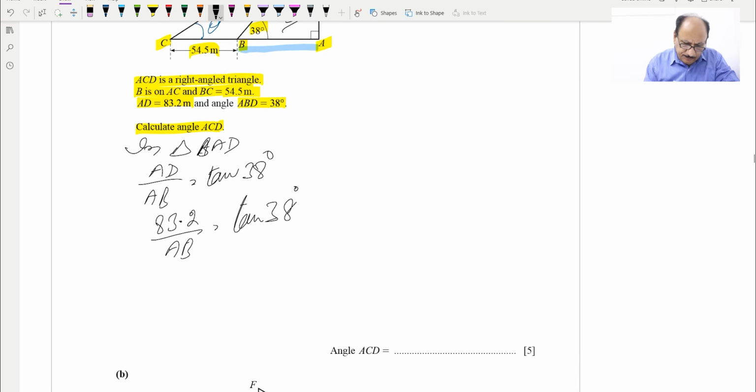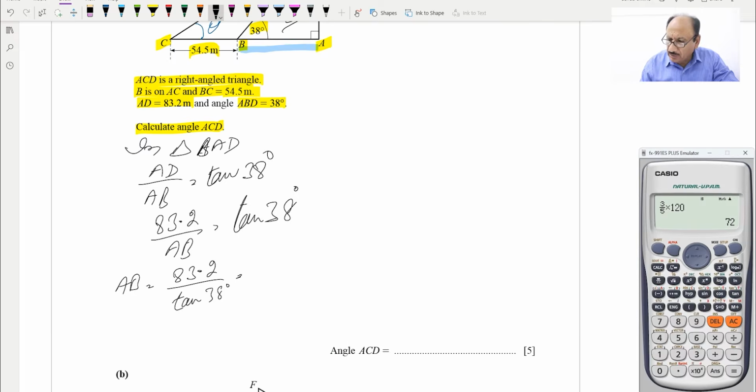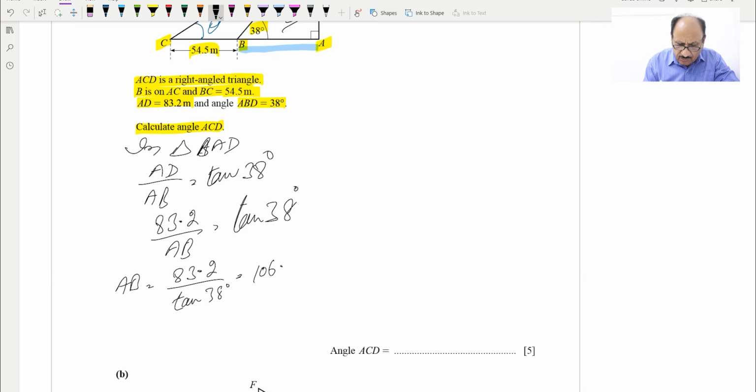And now we can write AB is equal to 83.2 over tan of 38 degrees, and this is giving us 106.49. This will not be degrees, this will be the length in meters. So we got this in meters.